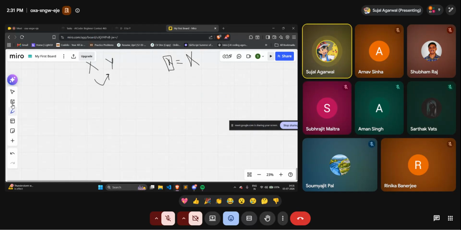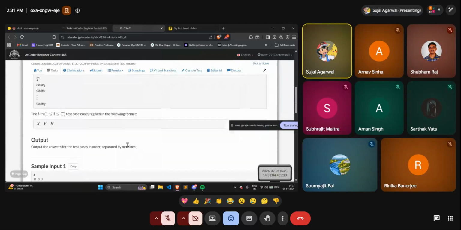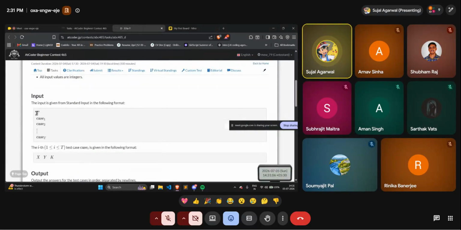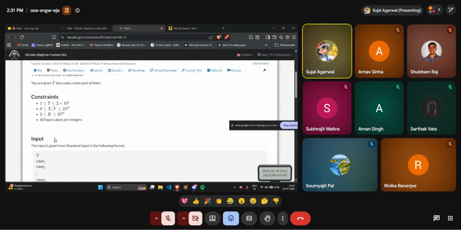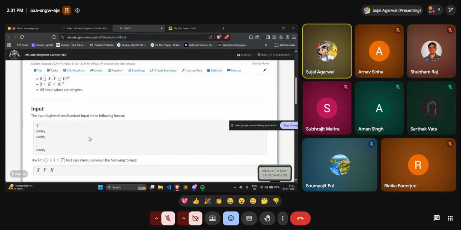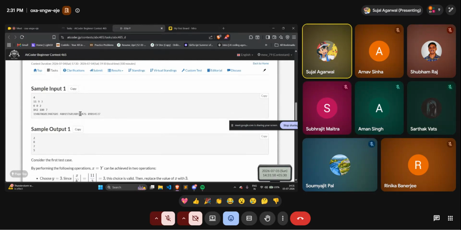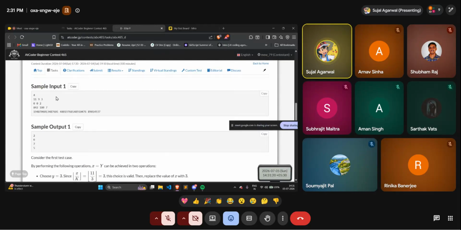So let me take up an example from the problem itself. We were given t test cases. T was varying up to 10 to 5, and x and y are also varying up to 10 to 18. K is also 10 to 18. Okay, let me take up this test case: 11, 9, and 3.